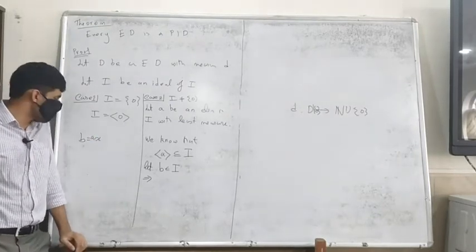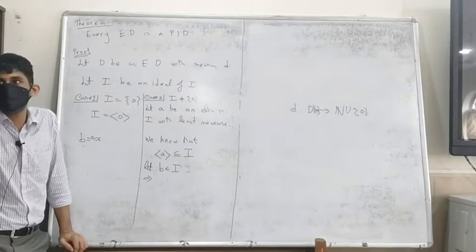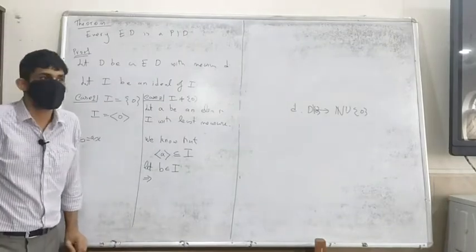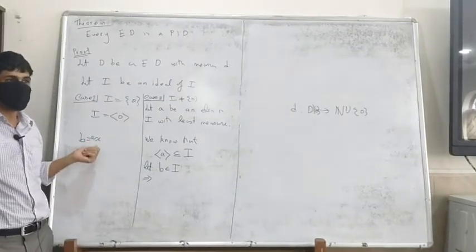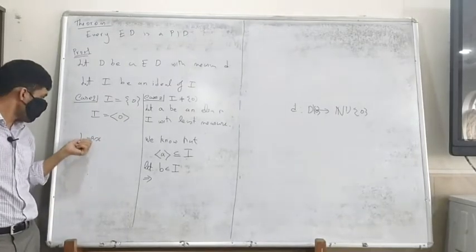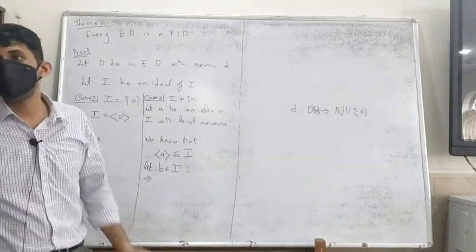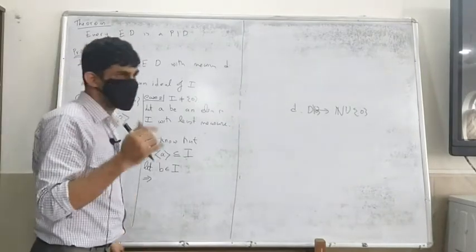Okay, how do I get this? This is exactly what we have to show. In other words, A divides B. So how do we show that A divides B? Use the property that replaces the division algorithm.